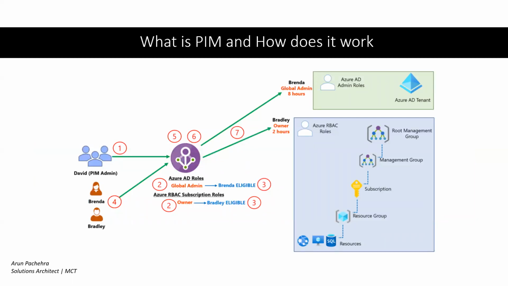So let's put it in simple words, because till now we know what it is, but let's put it in words. It is an Azure service that helps us to manage privileged administrative role assignments to Azure AD and Azure resources. We understand there are two kinds of role assignment, Azure AD and Azure resources.